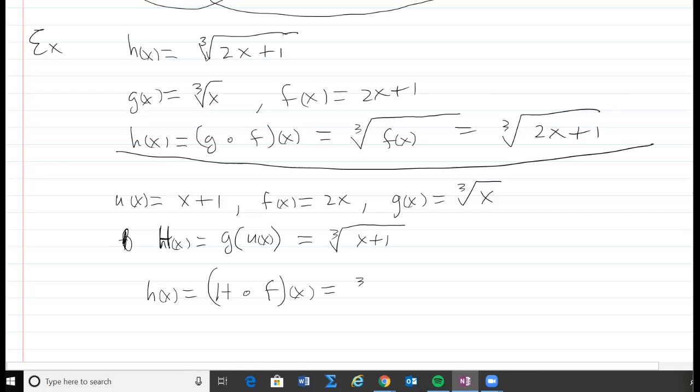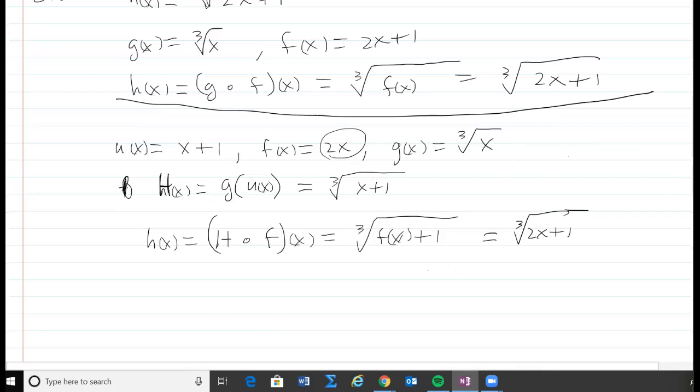Because now when we take big H of x, we put f of x in place there, and that f of x is just the 2x. So it becomes the cube root of 2x plus 1. There are lots of ways you can view these compositions as built from each other as inputs.